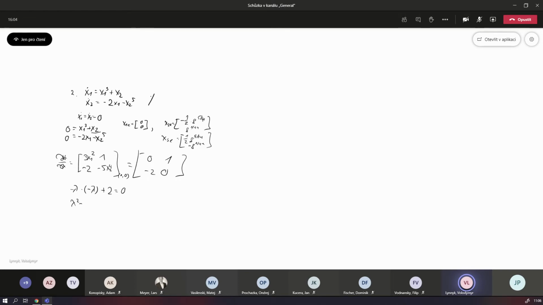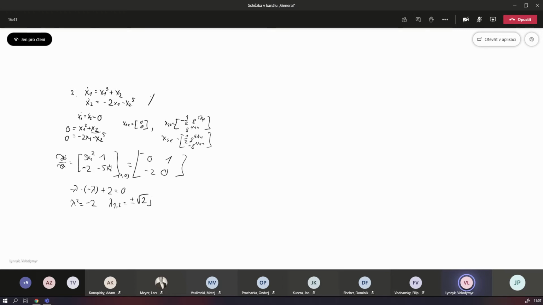Okay, lambda squared equals minus 2, and lambda 1, 2 equals plus minus j square root of 2. Okay, the real part is 0, and we cannot decide about the stability with the first Lyapunov method in this case.